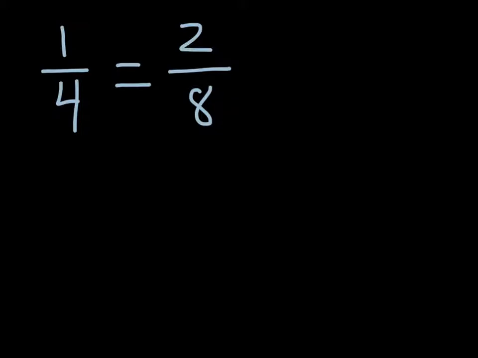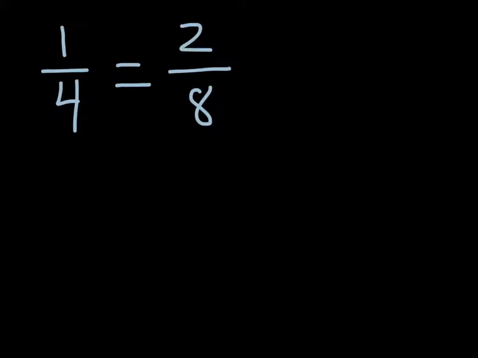To write equivalent fractions, we can multiply or divide the numerator and the denominator by the same non-zero number. For example, if we took 1/4 and multiplied the numerator by 2 and the denominator by 2, we get an equivalent fraction.